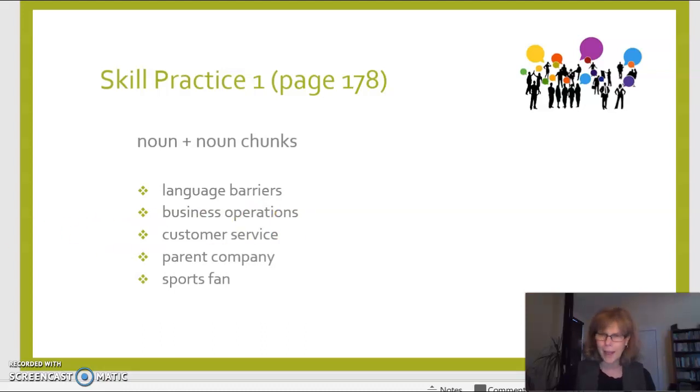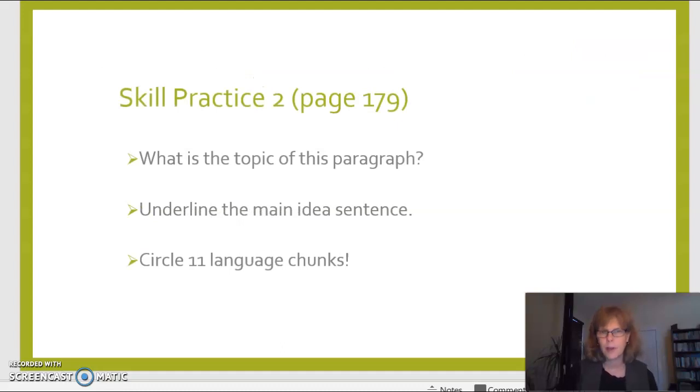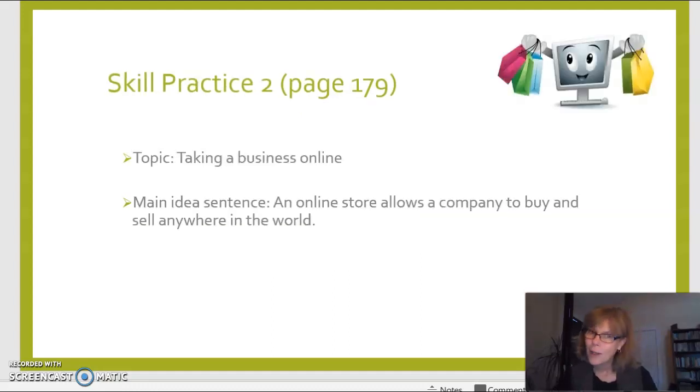But here, let's do it again, guys. Look at the next page. And there's another example for you, skill practice 2. What is this paragraph about? What would you say the main idea is here? So hopefully you can see this is really talking about taking a business online, taking your brick and mortar business, your physical business, and pushing it online in order to make more sales.